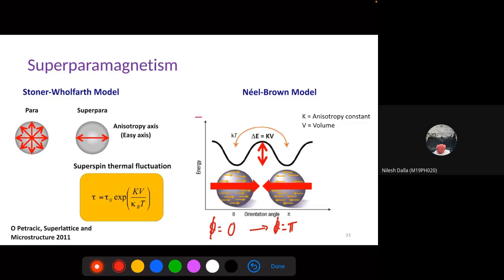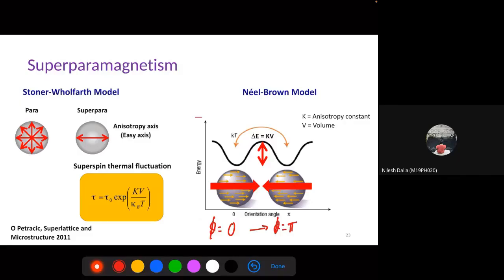You can think of lots of these particles in a liquid. Due to the fluctuation, the whole particle will rotate. So it is a complete mechanical rotation of the particle itself that leads to a fluctuation from phi equal to 0 to phi equal to pi. This is also a possibility, and this is how thermal fluctuation can happen.